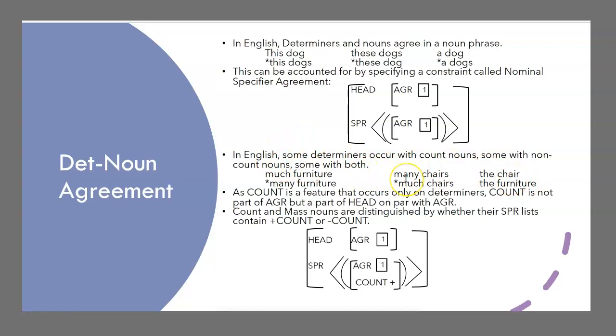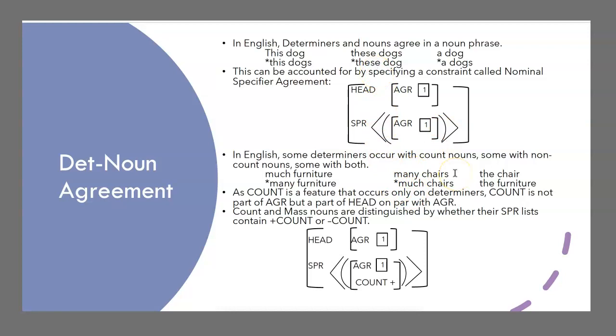So what we do is we use a feature called count. Now, can count be part of AGR? Under AGR, we considered number and person as features. Can we use count as part of AGR? No, we cannot do that.